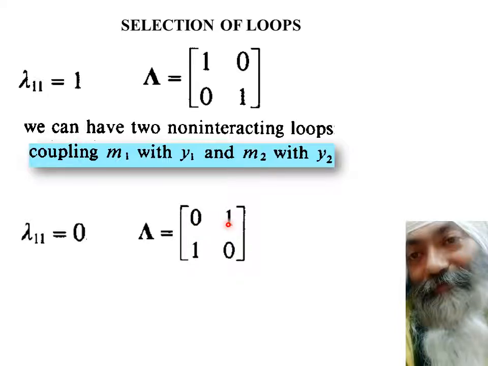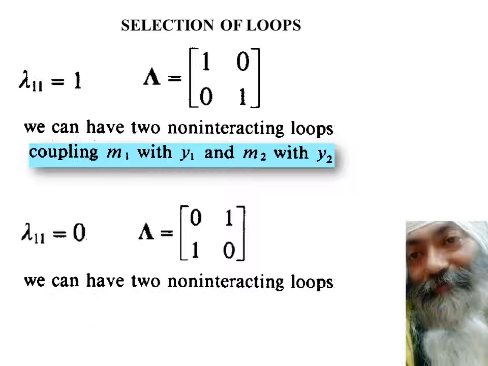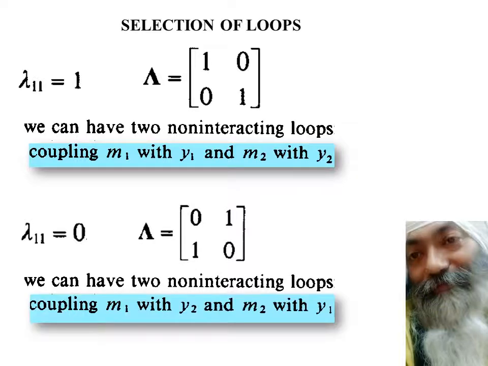This element as 1 means that we will be using m2 to control y1, and this element as 1 means that we will be using m1 to control y2, but otherwise there is no interaction between the two. So this is how we are going to select the loops. We have these two non-interacting happy loops, and we'll be coupling m1 with y2 and m2 with y1.